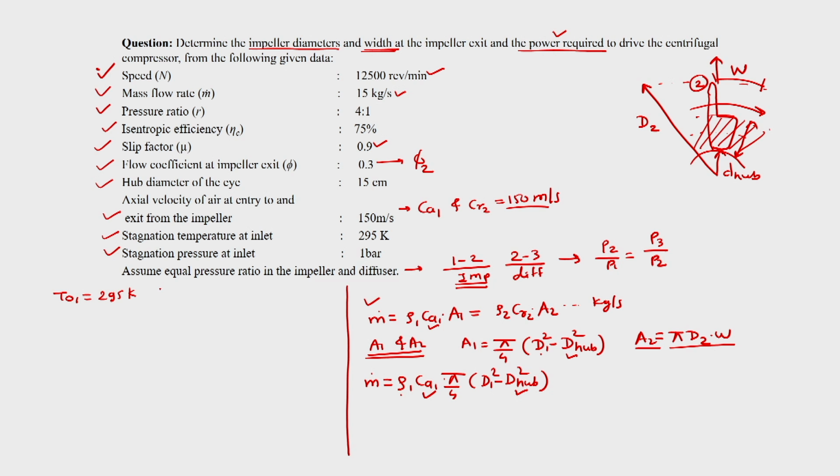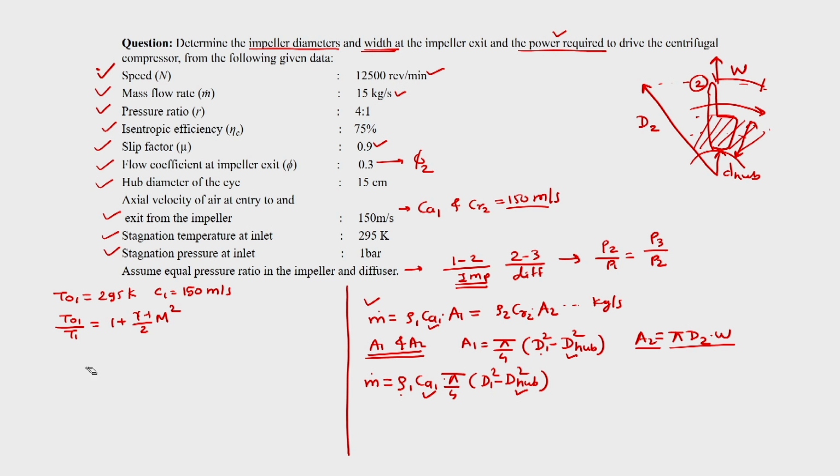Now we know the formula T01 upon T1 is equal to 1 plus (gamma minus 1) by 2 M square. This is the formula which we can use.